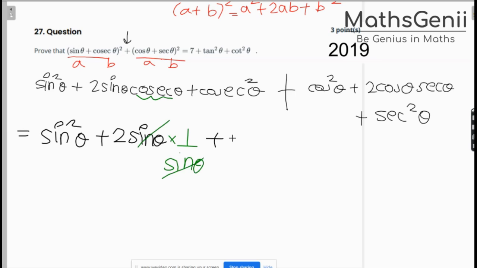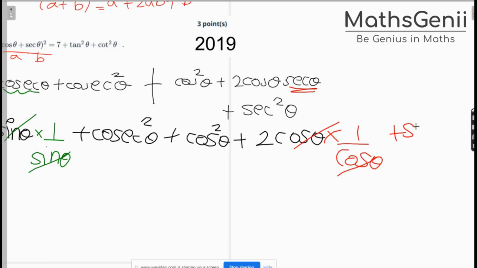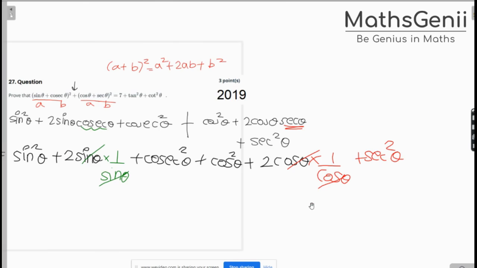Again, this I'm keeping the same. Now come here. Again, an interesting part. 2 cos theta keeping the same. Sec theta formula is 1 upon cos. So this and this get cancelled. Plus sec square theta. Correct?